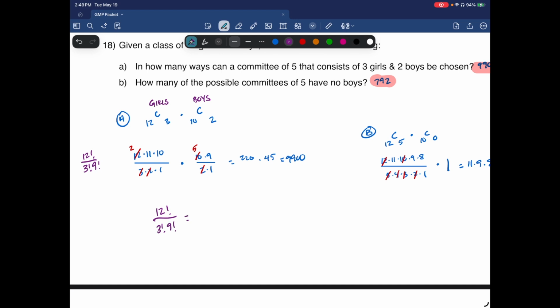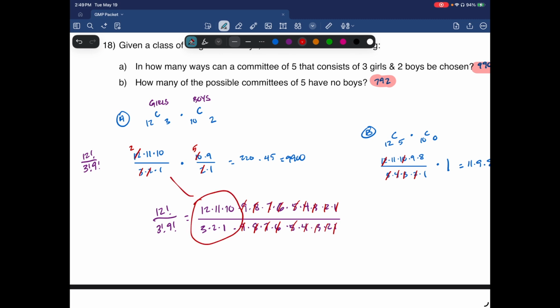Well, if I list all this out, that's going to be 12 times 11 times 10 times 9 times 8 times 7 times 6 times 5 times 4 times 3 times 2 times 1. 3 factorial is 3 times 2 times 1. 9 factorial is 9 times 8 times 7 times 6 times 5 times 4 times 3 times 2 times 1. I can get rid of all this because of the 9 factorial. That leaves me with this piece, which is what I have right here.